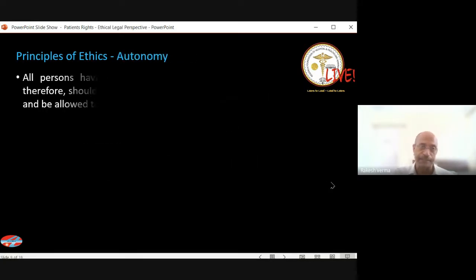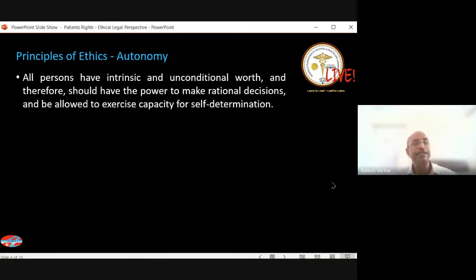The next one is autonomy, and this simple principle of ethics relies on the fact that all persons have intrinsic and unconditional worth, and therefore should have the power to make rational decisions and be allowed to exercise capacity for self-determination.